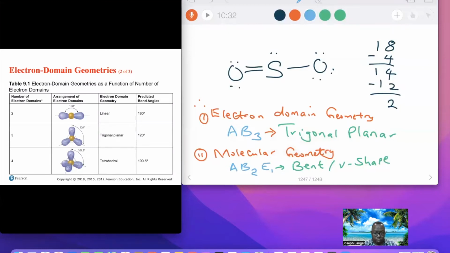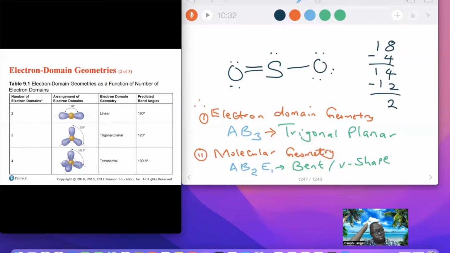So this is the table being referred to in the slides and in the text. Table 9.1: electron domain geometries as a function of the number of domains. So for two domains around the central atom, right, we have electron domain geometry and molecular.